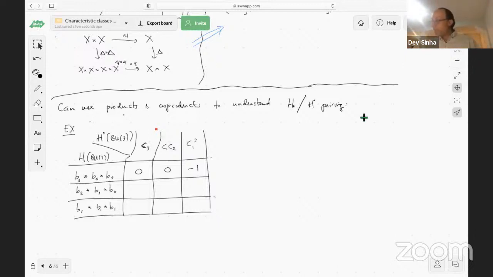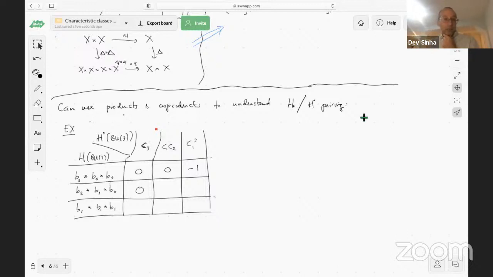Okay, similarly, B2 star B1. So that's a CP2 cross a CP1. It's got a natural rank 2 bundle over it. I've got a further trivial bundle. So that's 0 there. Those end up being the only zeros. Let's see, what else is easy to fill in?